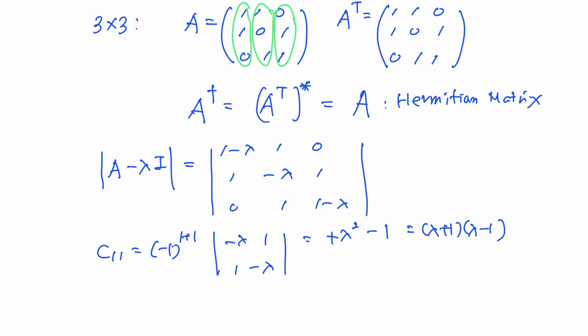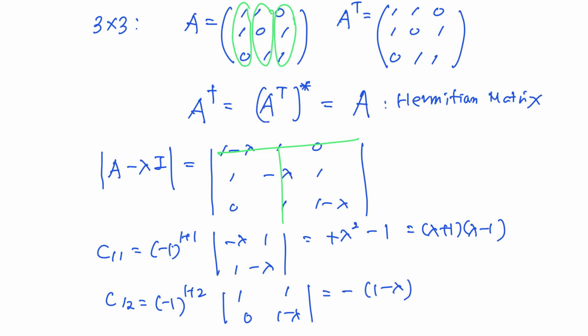C12 is minus 1 to the 1 plus 2; you delete this row and column, so that is 1, 1, 0, 1 minus lambda, minus 1 minus lambda.